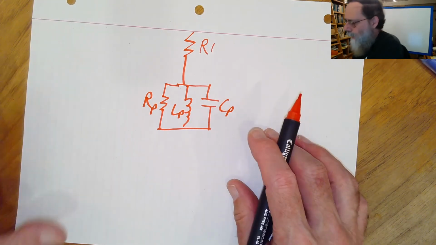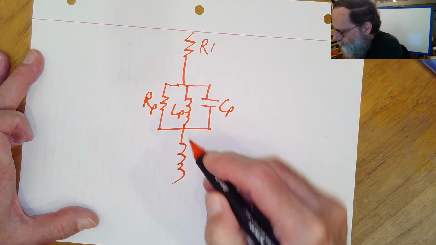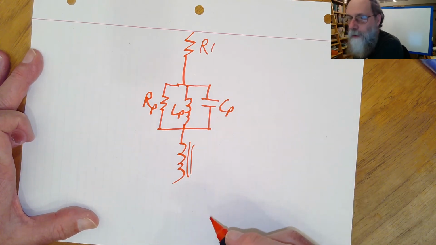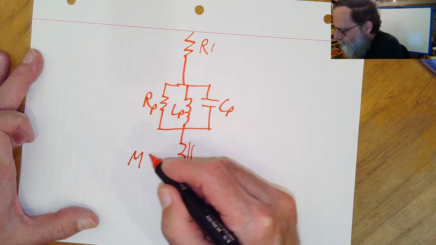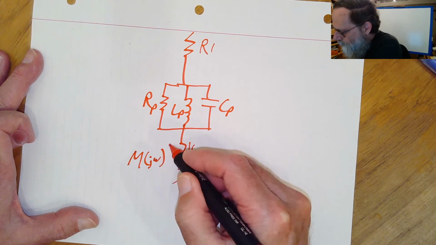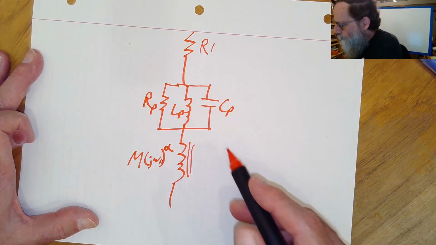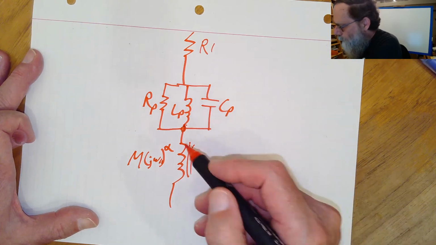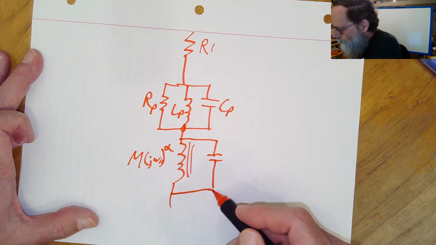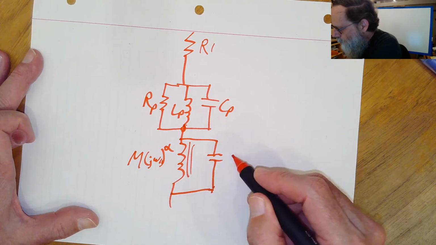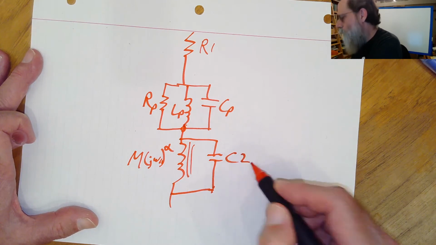Okay, and then we're going to have this nonlinear inductor, which we'll do as M (j omega times 1 second) to the alpha. And for that final high frequency one, we'll put a capacitor in parallel with this. And let's just call that something like C2.